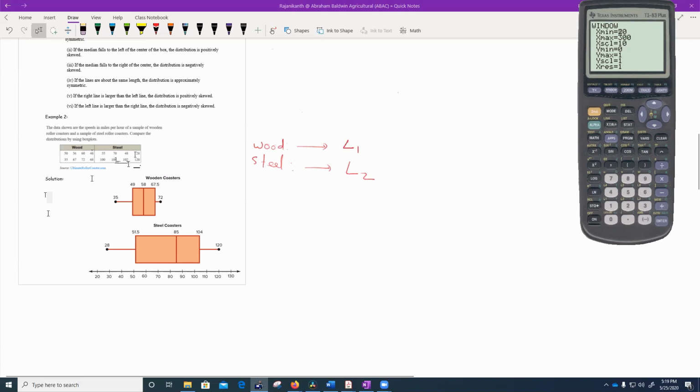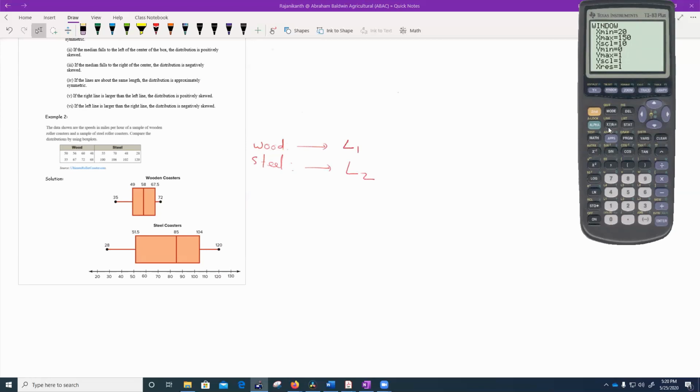The highest data value among these two is 120, so let me make my X max 150 to cover all the data values here. Then I'm keeping X scale as 10, the Y minimum 0, Y max 1, the Y scale 1, and the X res is 1.